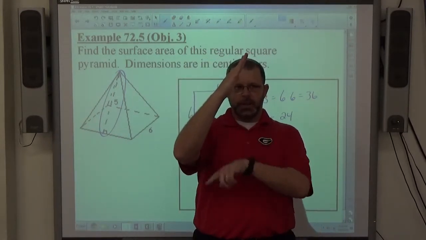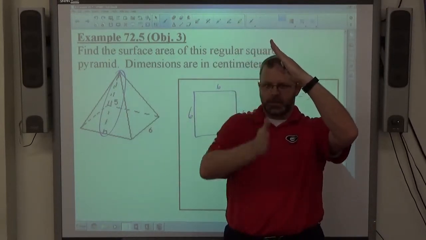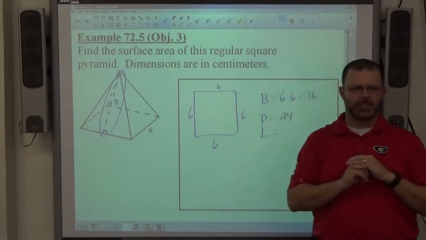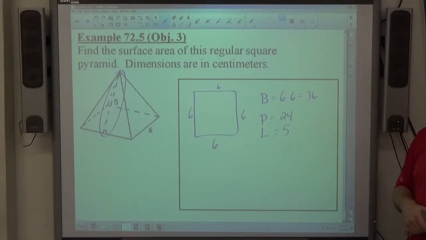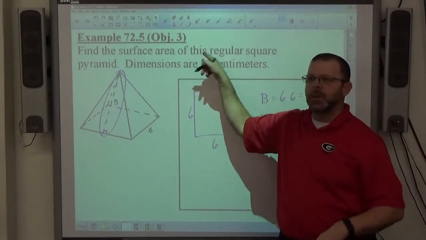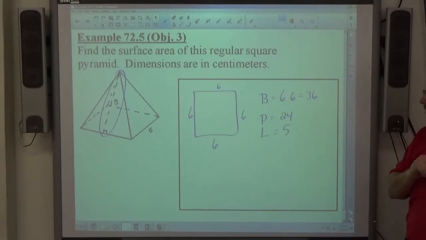So it's not perpendicular here, but it's perpendicular if you look straight on the side. Right there at the bottom it's perpendicular. Does that make sense? So 5 is the slant height. Basically, if you have a number along the edge, that's the slant height. You can visualize it and it looks slanted. Otherwise, the slant height might be listed up in the words also. They should actually use the words slant height.